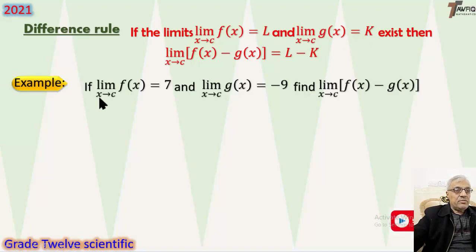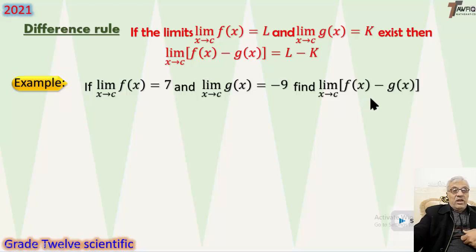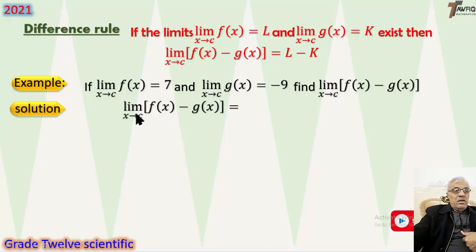For example, the limit as x approaches c of f(x) is 7 and the limit as x approaches c of g(x) is minus 9. Find the limit as x approaches c of f(x) minus g(x). The limit is equal to 7 minus negative 9, which equals 16.